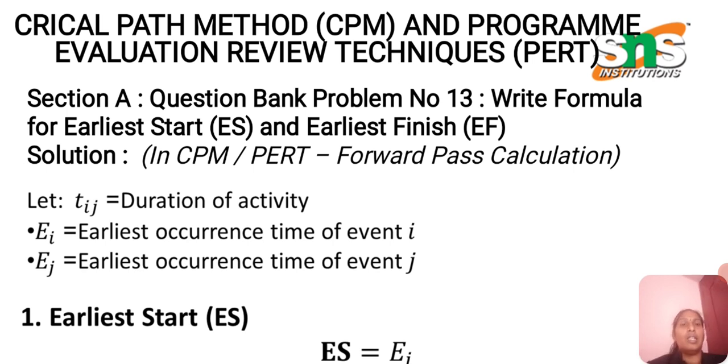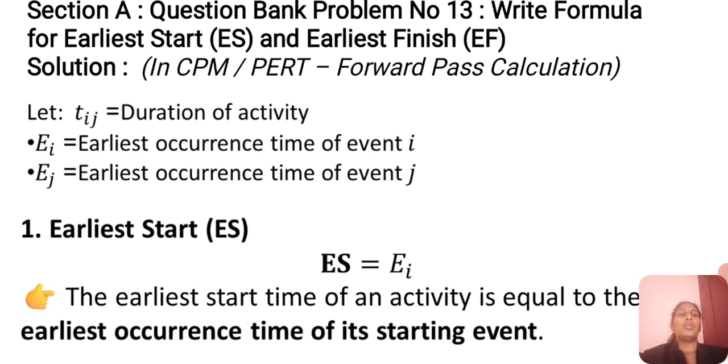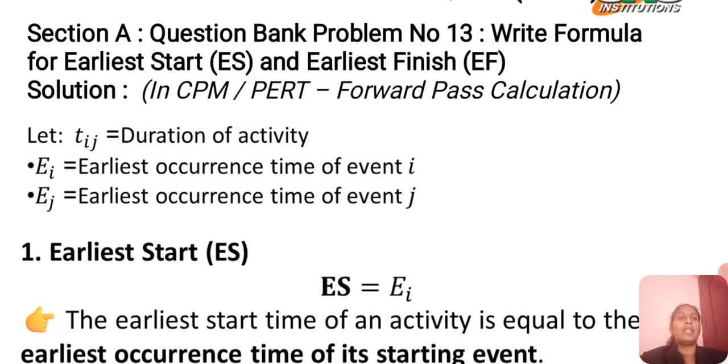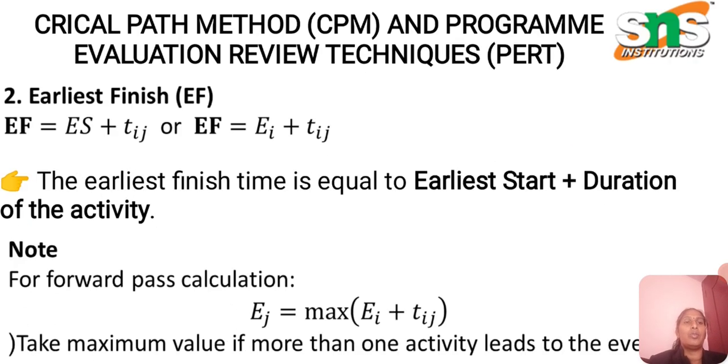That is the addition in the forward pass calculation. The forward pass is calculated from 1, 2, 3, 4, 5, 6 like that, and we take the maximum value. So the main formula is EJ equals maximum of EI plus TIJ.